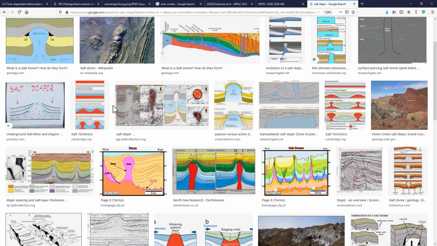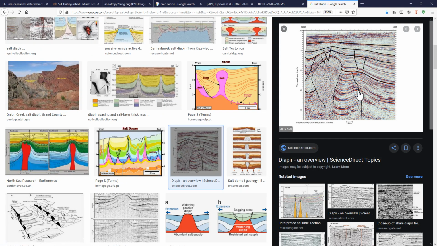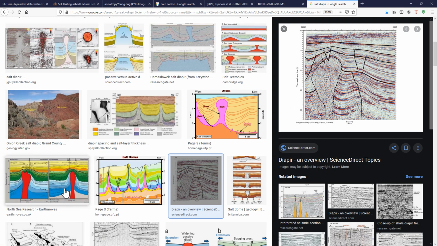Apparently this is a shale diapir. Let's look for a salt diapir. Okay, this one is a good one.